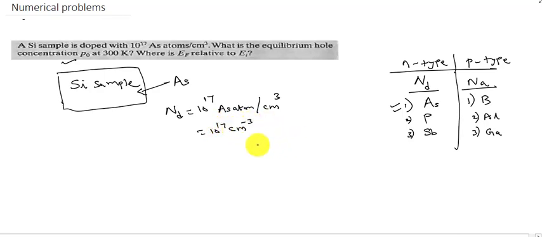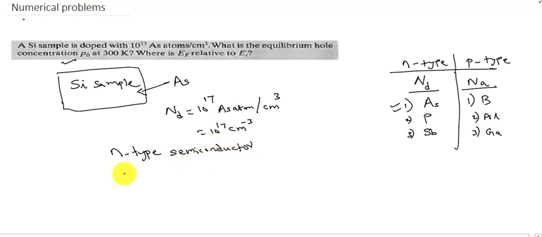Only donor concentration is given, and no other impurities are present in the semiconductor, so this will be an n-type semiconductor. First, in these types of problems, we have to identify what type of semiconductor it is. So this semiconductor is an n-type semiconductor.